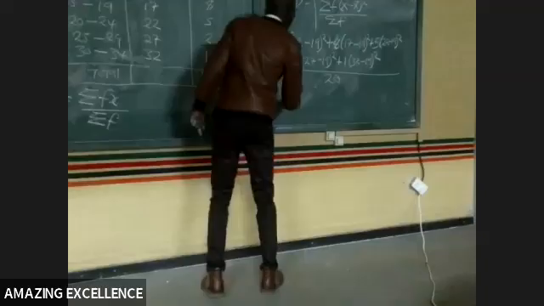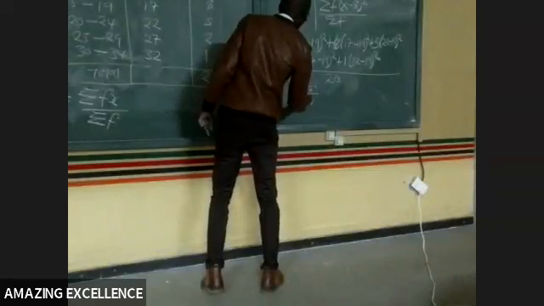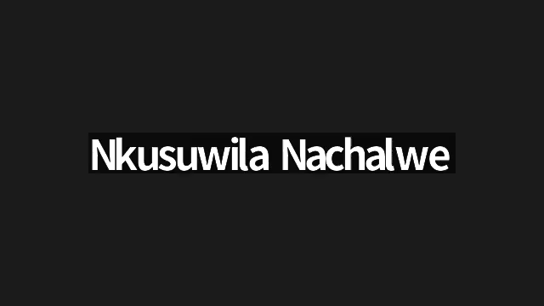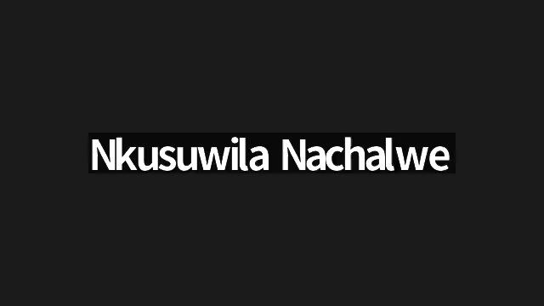It's 570 all over 20. Can you do the division? 28.5. Yes, that's before we take the square root.